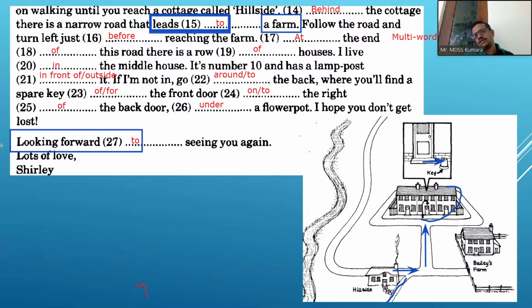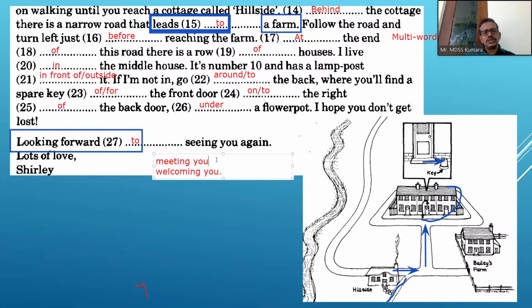After look forward to, if you want to use another verb, the verb should essentially be in the ing form. Because this is a very common one, you have to learn that. So you have to say, look forward to seeing you again, look forward to meeting you, look forward to welcoming you.